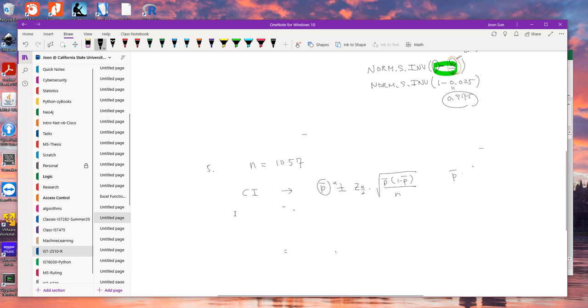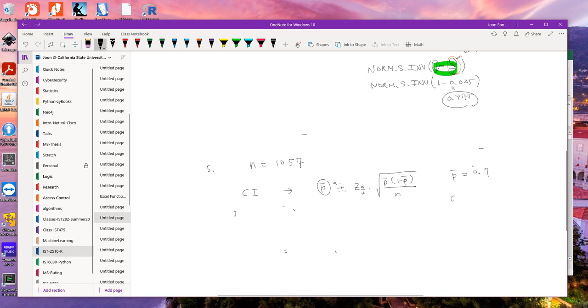The sample proportion is also given. They said 90%, which is 0.9, right? And what is also given is the confidence coefficient, CC. They say 95% confidence, so that means 0.95. And from this, we know that alpha is 1 minus CC, which is 0.05. Okay? So I think you can find this confidence interval, right?